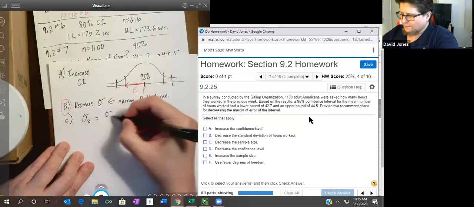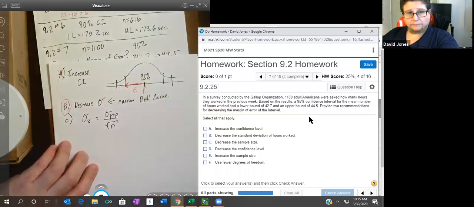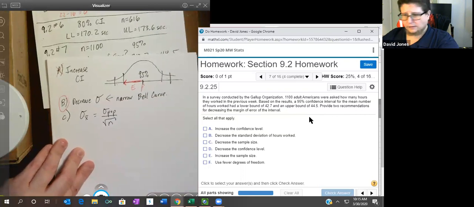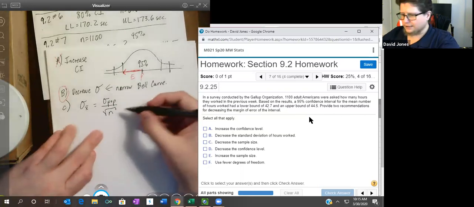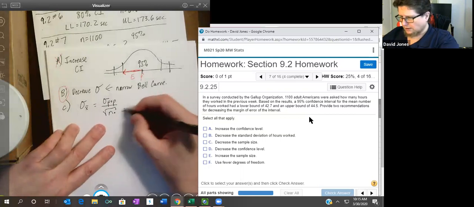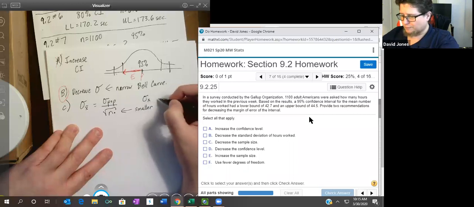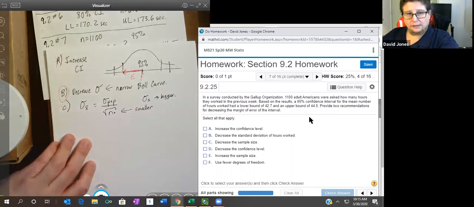Sigma x was sigma of the population over the square root of n. So if we decrease the sample size, this number on the bottom gets smaller, which means sigma x gets bigger. That doesn't help. So C is out.